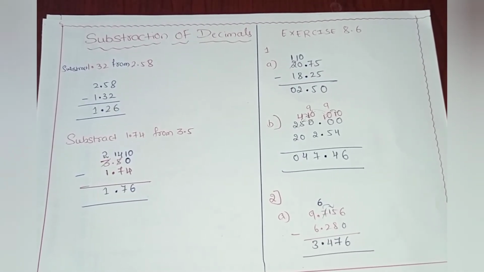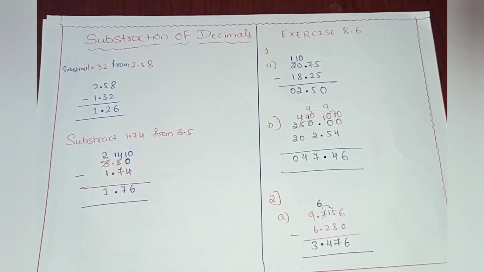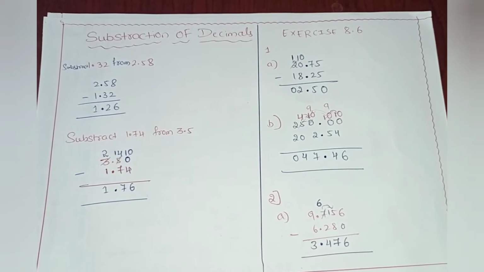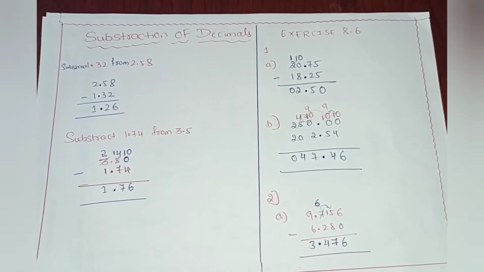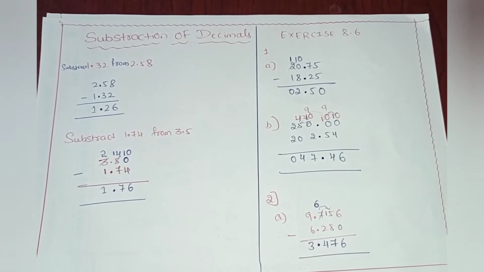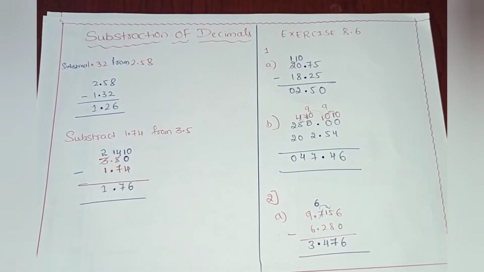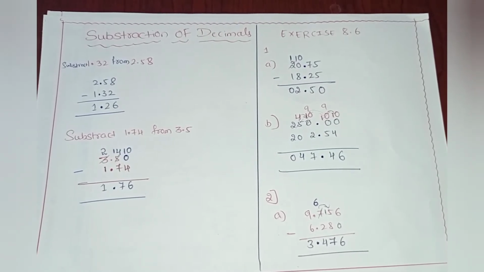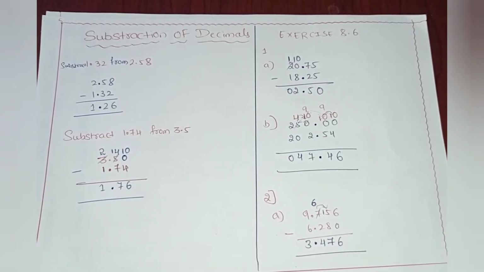After that, conversion of decimal to fraction and fraction to decimal. Next, the place value table. After that, we solved exercise 8.1 and then the introduction to 100th.